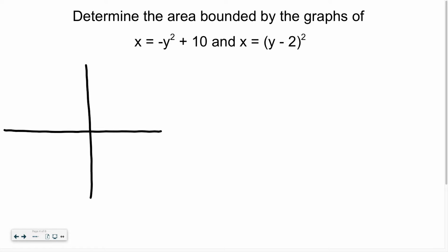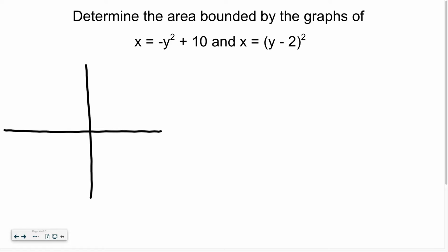Okay, so when your equations are solved for x instead of y, our translations get kind of flip-flopped. Typically, if this were y equals x minus 2 the quantity squared, it'd be a shift to the right.